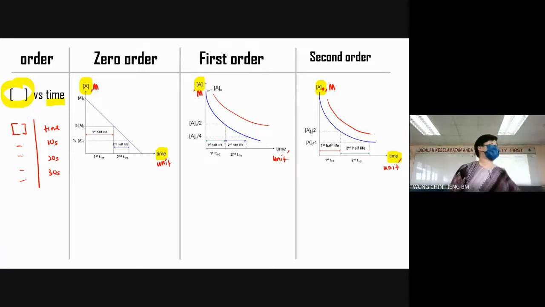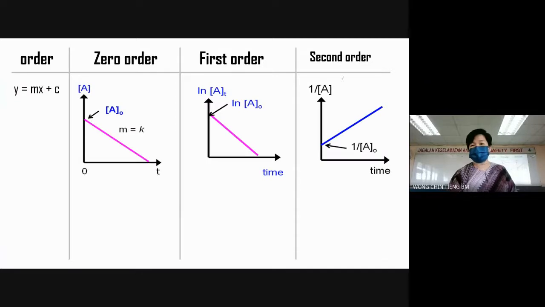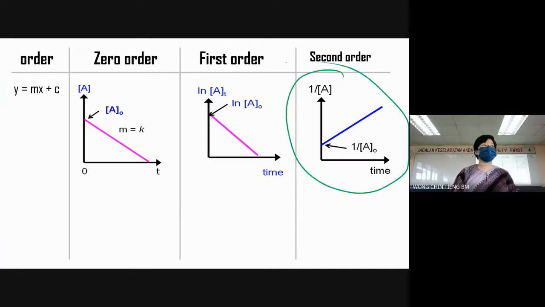Tell me when you are done. How to prove? The question asks you to prove, right? Prove is another word for explain. How did I explain the graph just now? Using what? For the 1/concentration graph, how did Miss Wong explain this graph just now? Y equals mx plus c to the formula of the integrated rate law. How do you explain? How do you prove it is second order? Tell me the integrated rate law for second order is what?